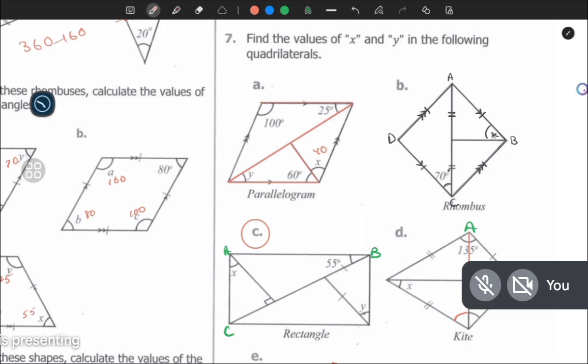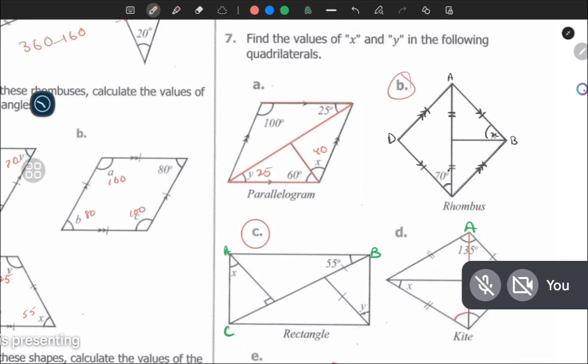So what's the value for y? 25. 25, right? So again, just revising. When we have a Z, these two angles are equal. When we have an F, this angle and this angle are equal. When we have a C, this angle plus this angle gives you 180. Okay.